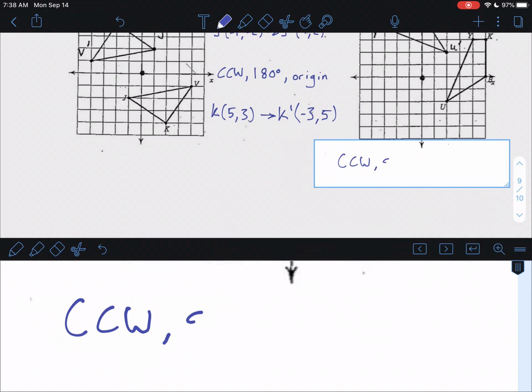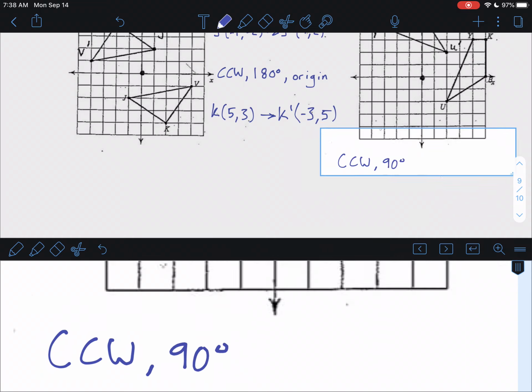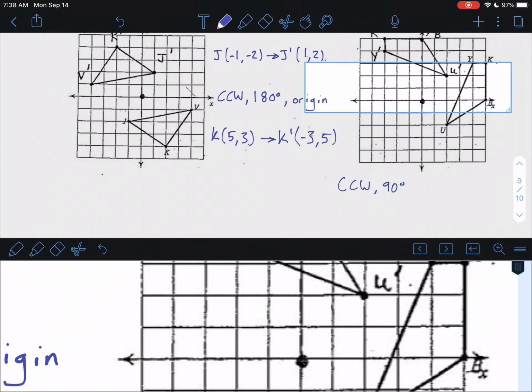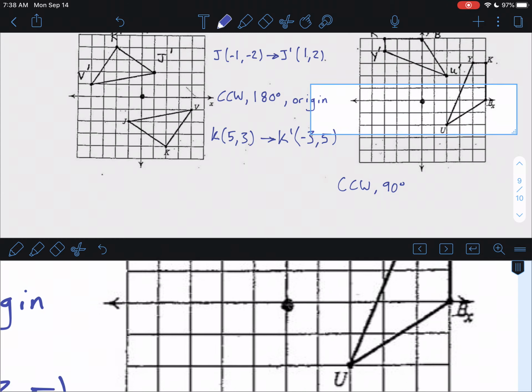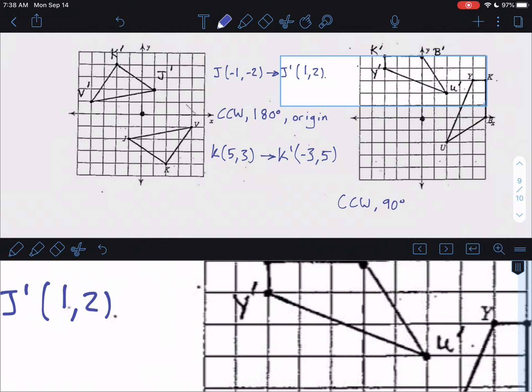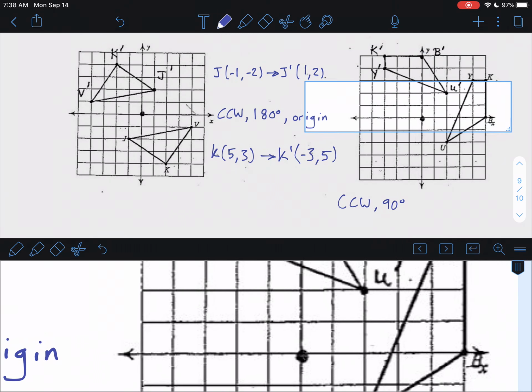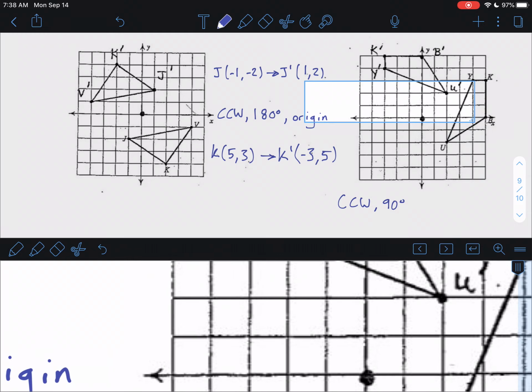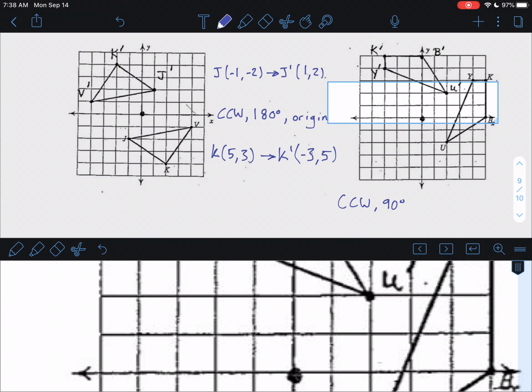So it was 90 degrees. And we can also kind of tell that as 90 degrees because this figure is mostly in the first quadrant, and after it's mapped, it is mostly in the second quadrant. So that was just one quadrant over, meaning it was 90 degrees, because you go from 1 to 2.